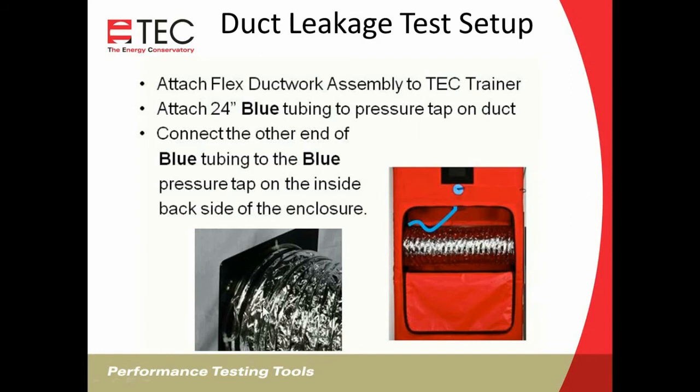Those of you who have duct blasters will recognize this is a section of the flex duct that goes with the duct blaster, and it has that tubing array on one end of it that has the T connection, and you'll connect a short blue hose from that T connection up to this blue bulkhead up here that has a tubing connection on the inside and the outside, and you'll connect it to the inside and then attach an additional tube to the outside going to your gauge.